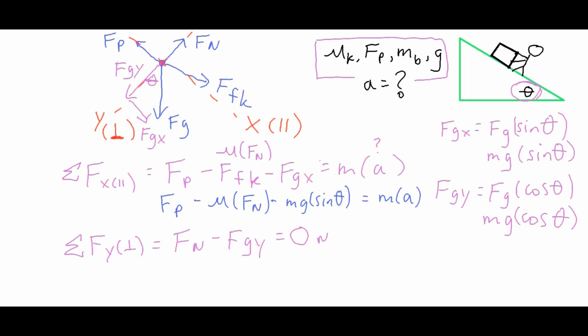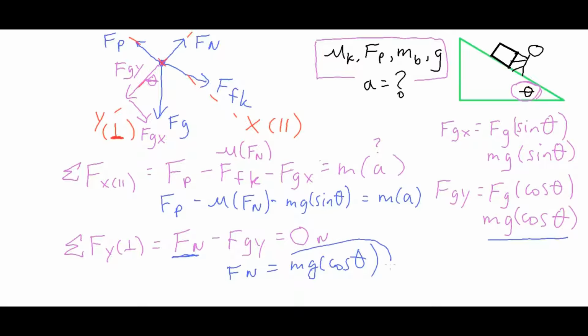Okay, here's the thing. We can't use Fn as part of our answer. So we're going to find Fn. We see it right over here in our sum of forces in the y direction. And we do know Fgy with our little bit of trig work over here. So Fn minus Fgy equals 0, which would mean Fn equals mg cosine of theta.